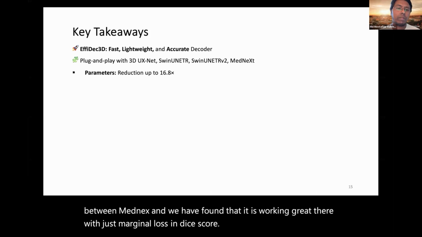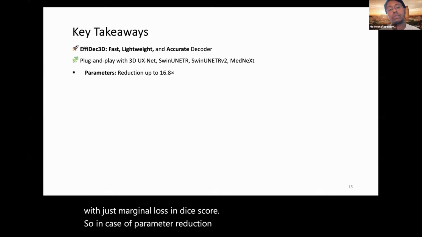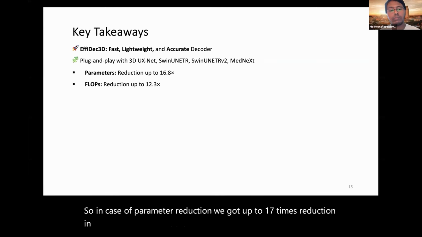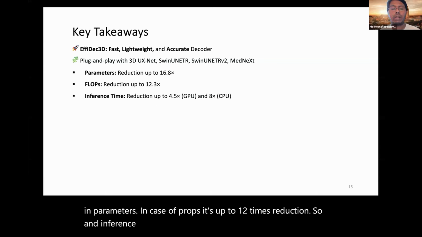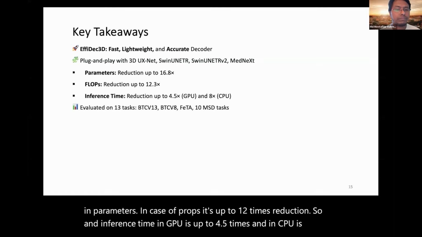In terms of parameter reduction, we got up to 17 times reduction in parameters. For FLOPs, it's up to 12 times reduction. Inference time is up to 4.5 times faster on GPU, and up to 8 times faster on CPU.